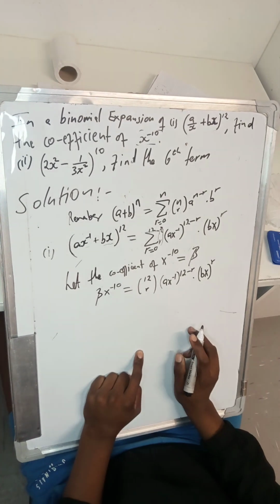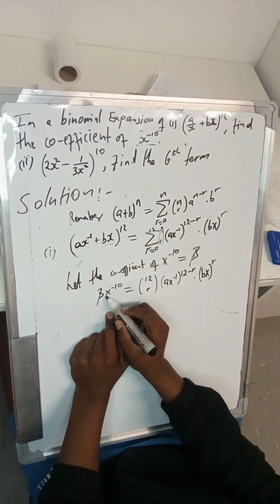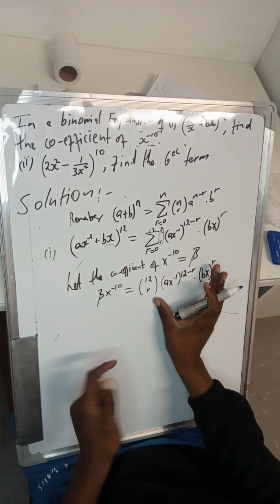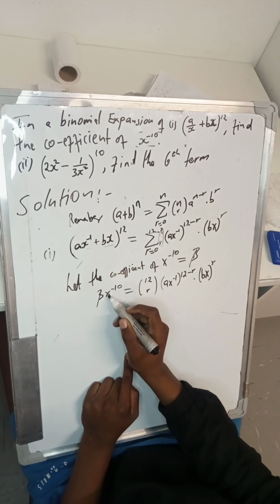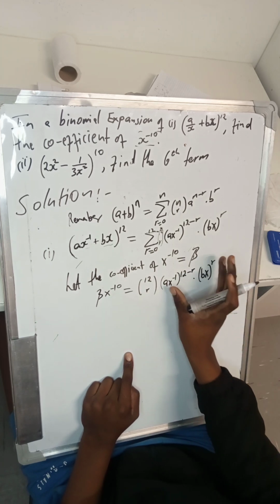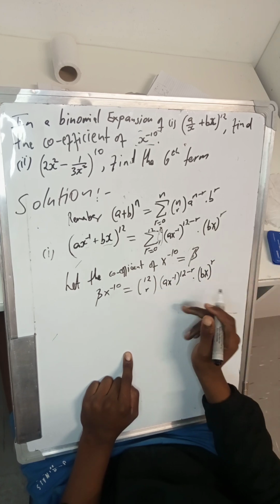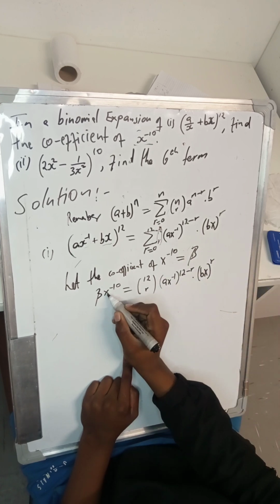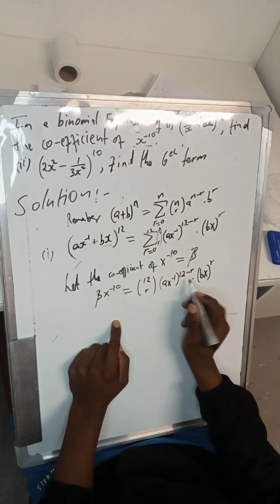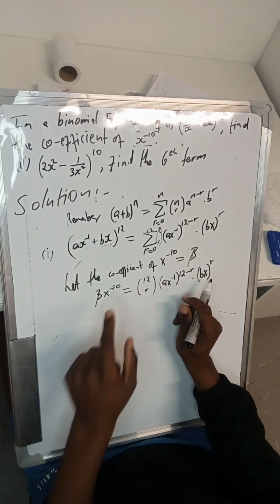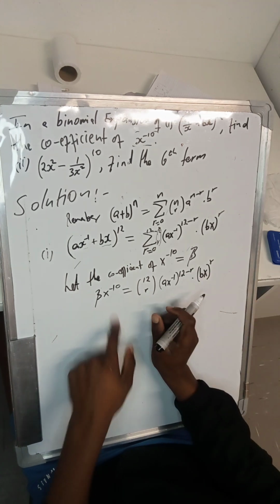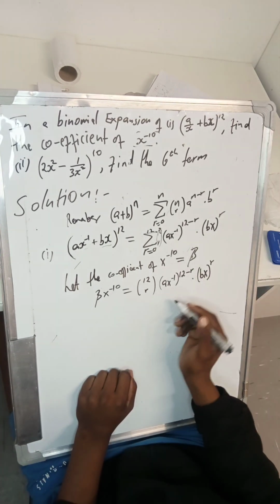So now this guy right here is equal to this guy. That means because we have this x here, why don't we multiply and group the x terms only? If you have some x to the power something and you are required to find the coefficient of that x, firstly group all the x terms, then equate them.